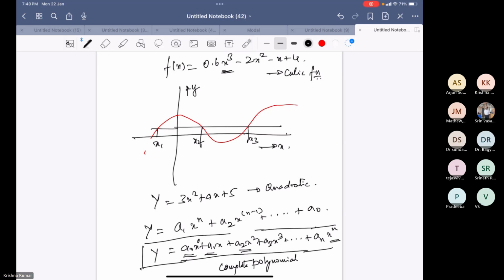So you can use other symbols to express y. So y can be expressed, for example, as a naught plus sigma i equal to 1 to n of ai x power i.